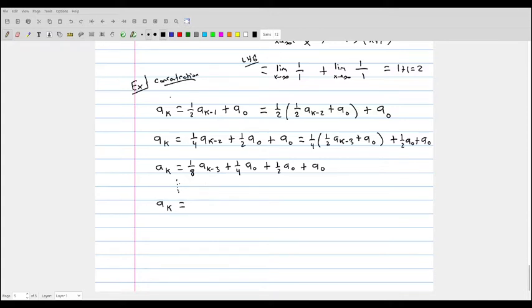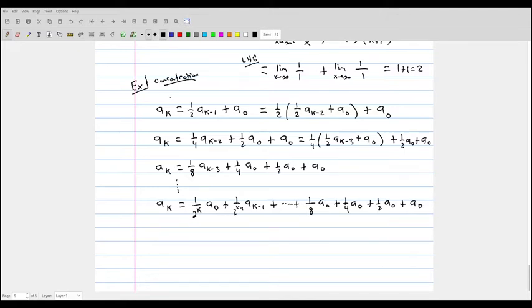So eventually, the kth term in the sequence, if you go all the way down to k equals 0, you'll get that a_k equals 1/2 to the k times a_0, plus 1/2 to the k minus 1 times a_0, all the way down to 1/8 times a_0 plus 1/4 times a_0 plus 1/2 times a_0 plus a_0.